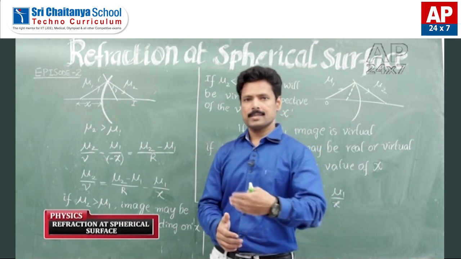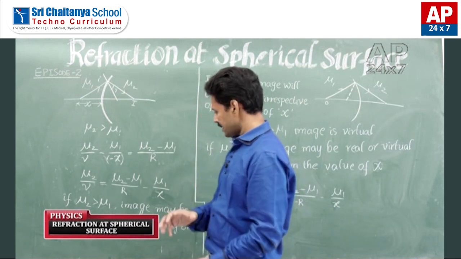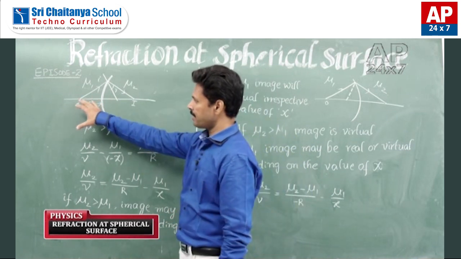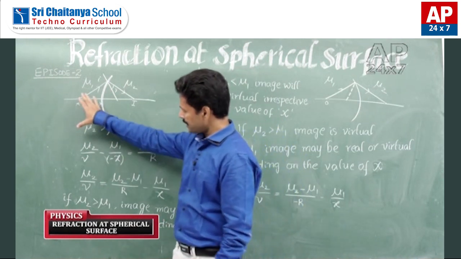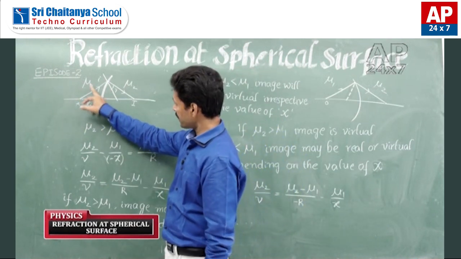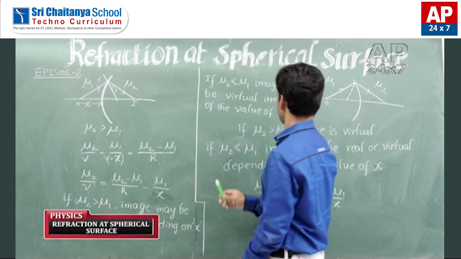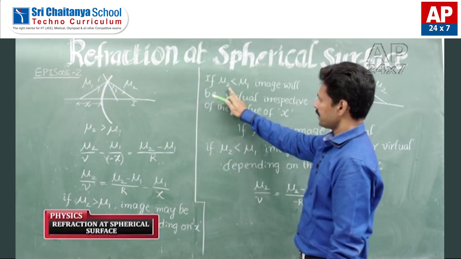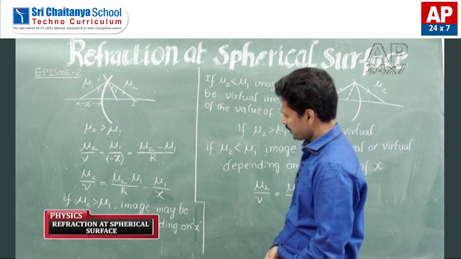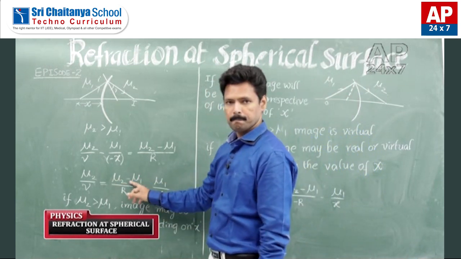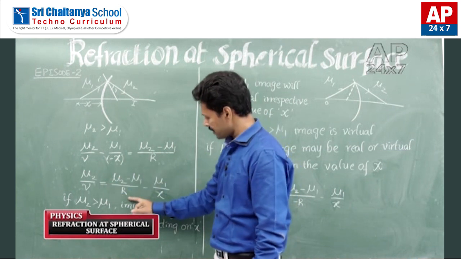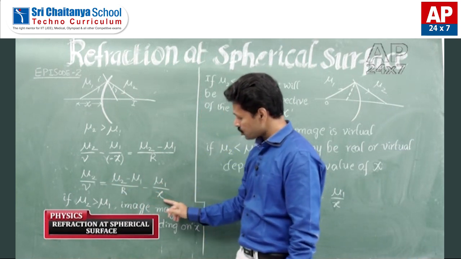Let us take the second case, keeping the object in the denser medium. Then mu1 is greater than mu2. In such a case, mu2 minus mu1 is negative. Now this total value is negative and this is also negative.